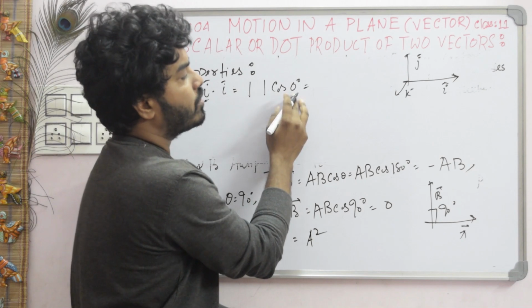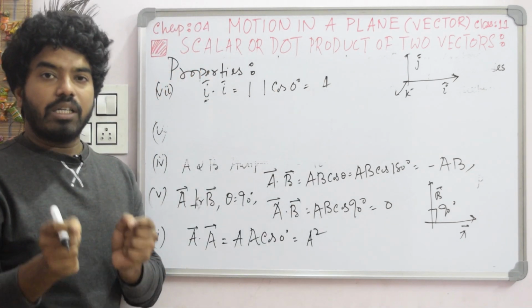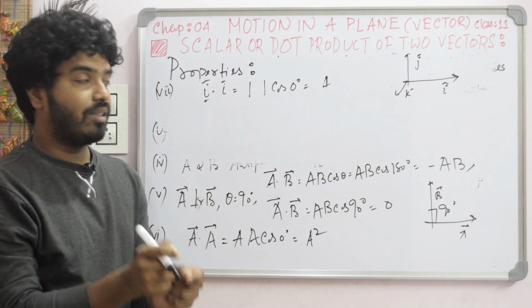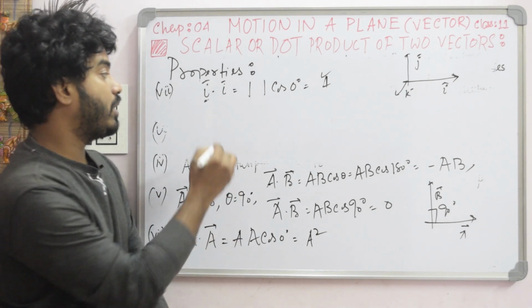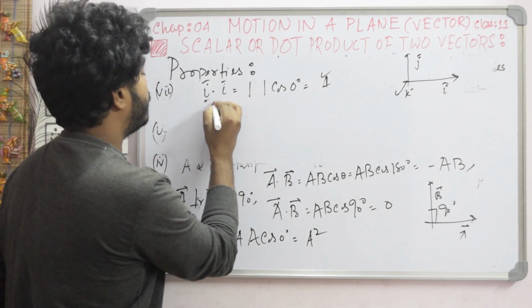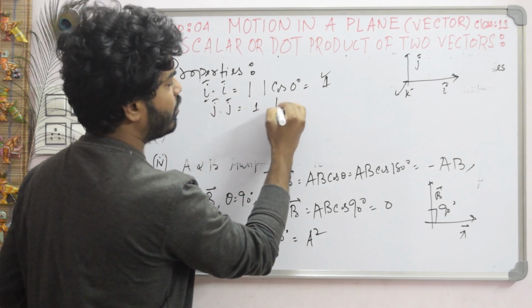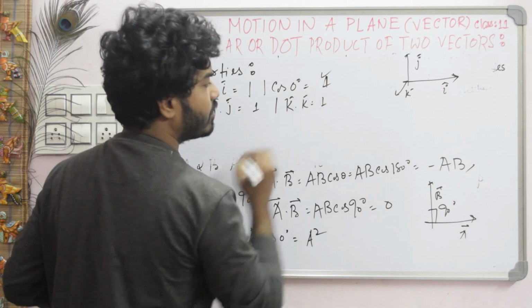So 1 cos 0, cos 0 is 1. So this value gives 1. So the dot product of two similar base vectors or unit vectors always gives the value 1. Similarly, j dot j is also 1. Similarly, k dot k also gives 1.